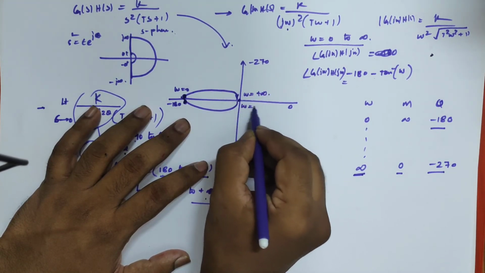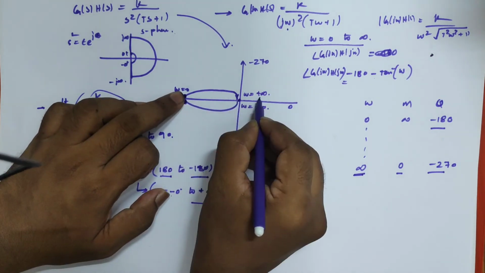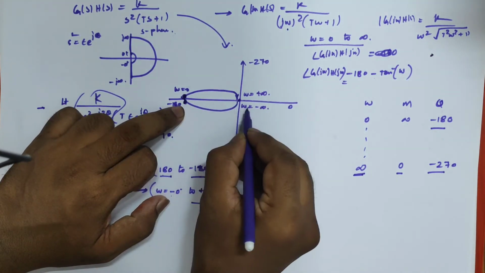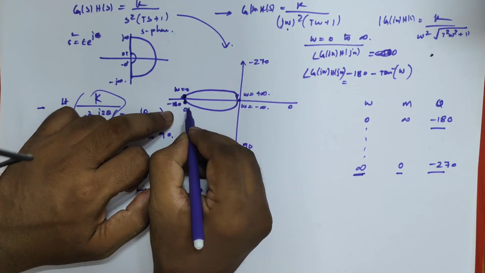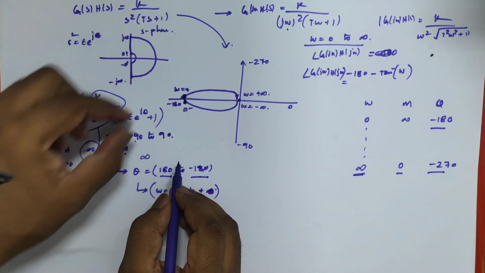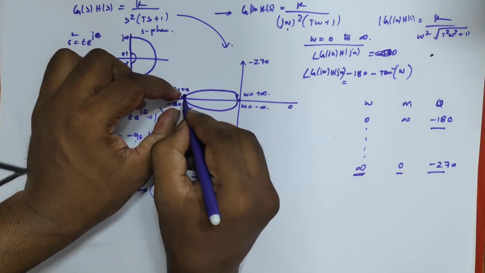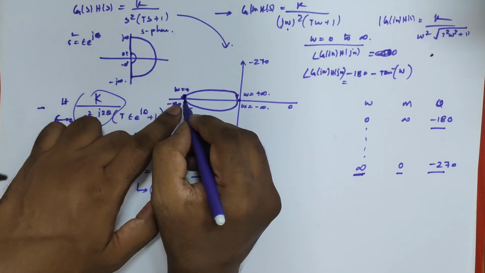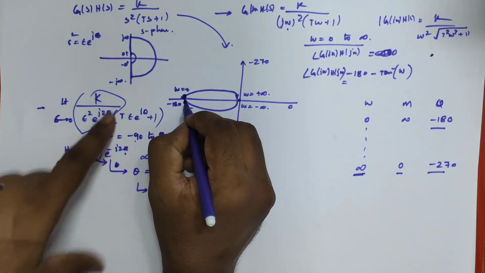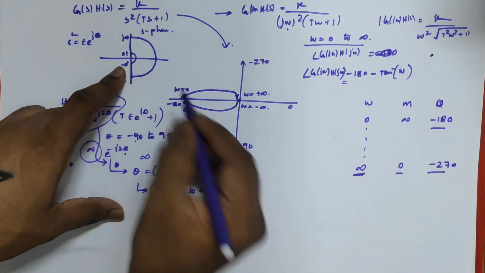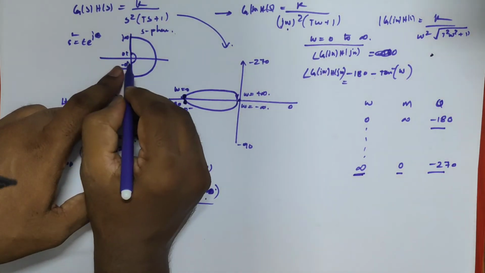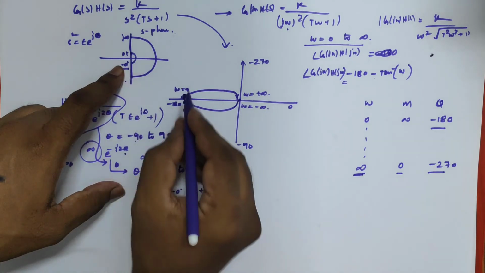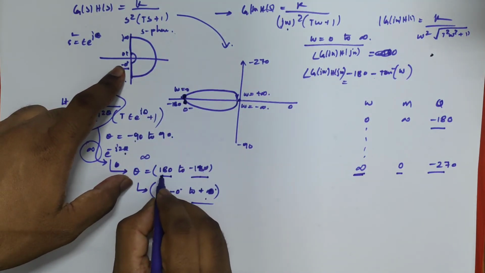For omega equal to minus infinity to minus 0 we obtain the mirror image, but these don't touch. You need to understand that. Here, from minus 0 to plus 0 on this contour, I am varying, where the angle is varied from 180 to minus 180.